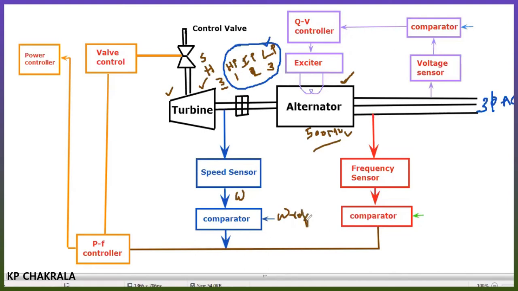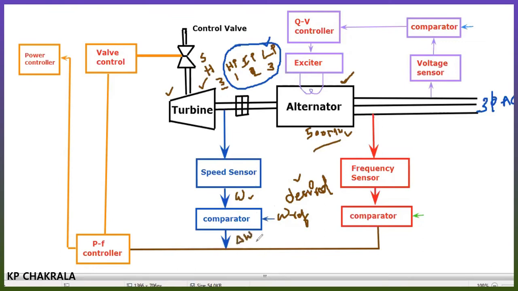So we want to maintain the turbine speed at a certain value, which is called the desired value. You want to rotate the turbine at a desired value, and that is given as an input to the comparator, and another input is the actual speed of the turbine, and these two will be compared here, and there will be an error.